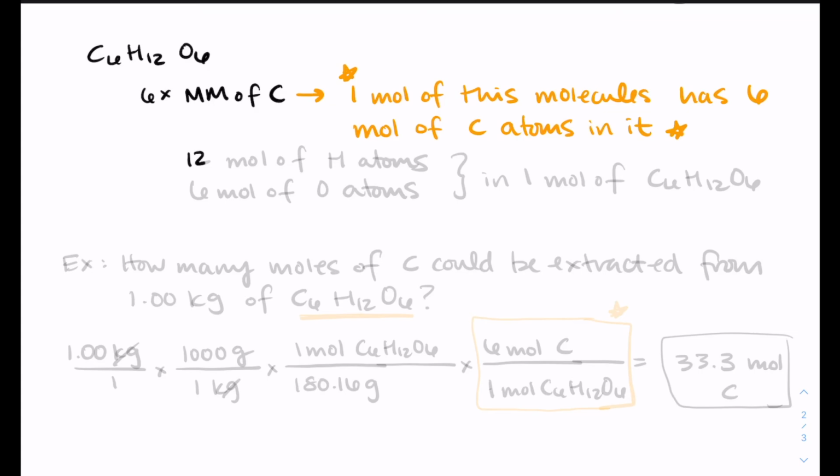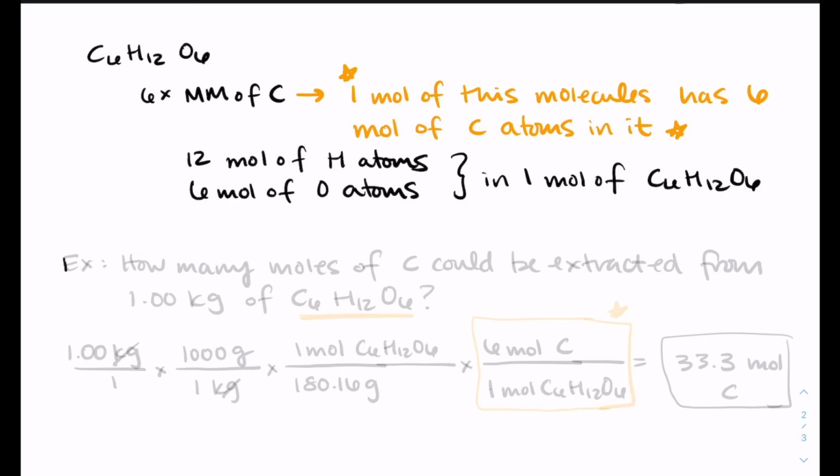Each molecule has 6 carbons. So you have 6 moles of carbon atoms in that sample. It also means that you have 12 moles of hydrogen atoms in that sample and 6 moles of oxygen atoms.